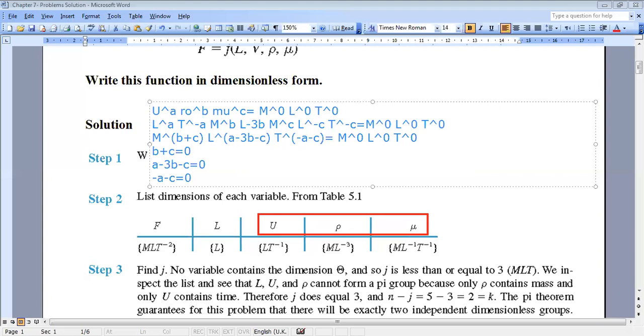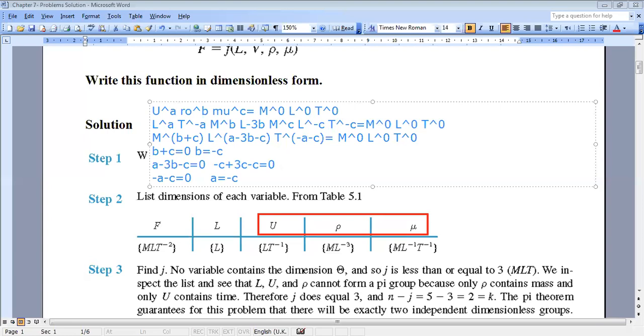So from the first equation, I can get that B is equal to minus C. And from the last equation, I can get that A is equal also to minus C. Okay, so if I replace here, I get that minus C plus 3C minus C equals 0.